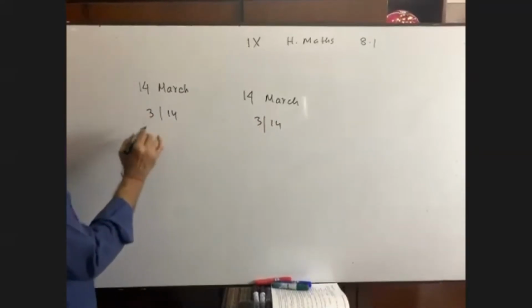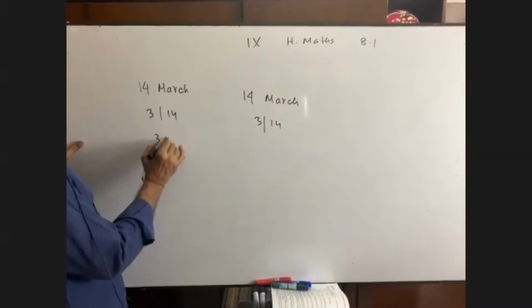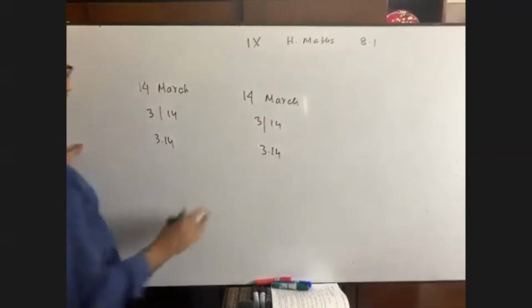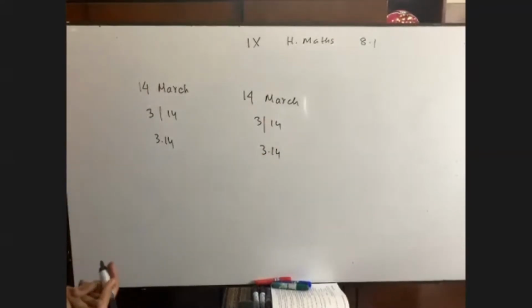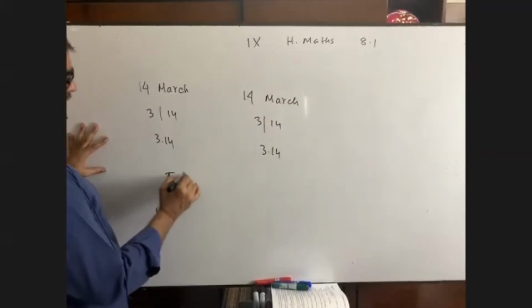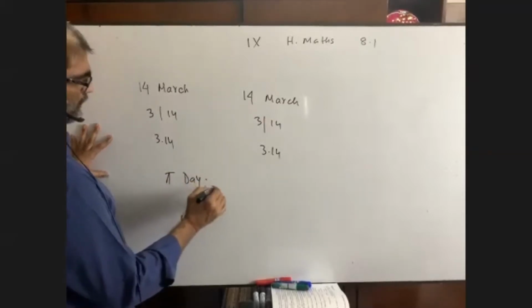So if it is written 3.14, I mean the first 3 digits of pi, the value of pi. You see, Pi Day is 14 March.